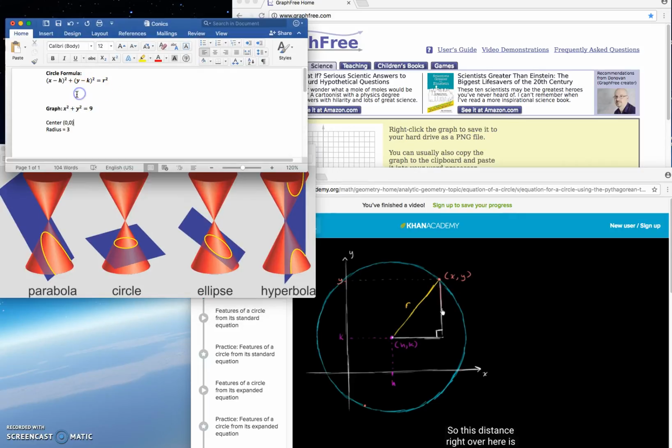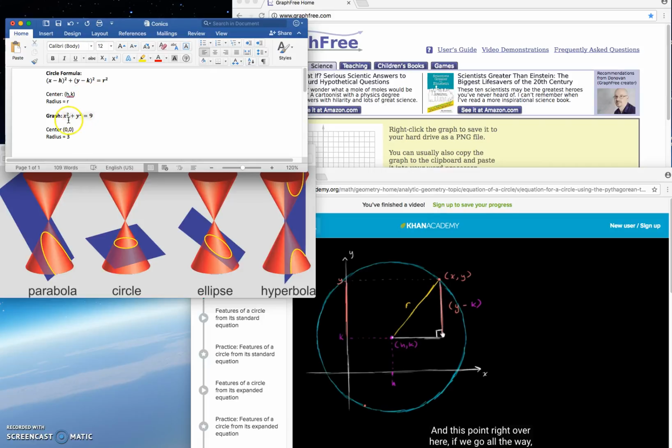In fact, I'll probably even put that in here. Center is h comma k, and radius equals r. R, not 4.